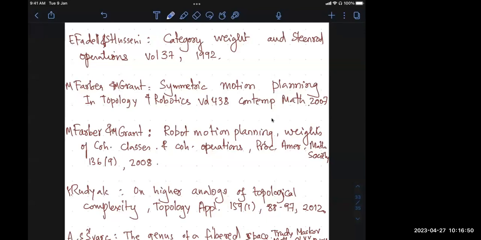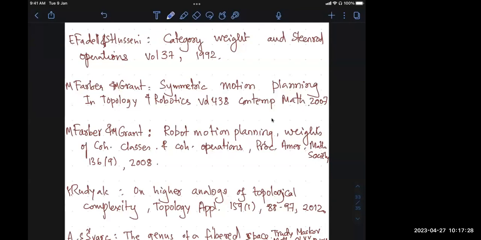So the similar thing. The lower bound, we can get it using this. I think Professor Mark Grant in his paper computed the TC of lens spaces. For some cases, they computed the exact value, and there they used the upper bound on the total space, TC as the product of the category of.